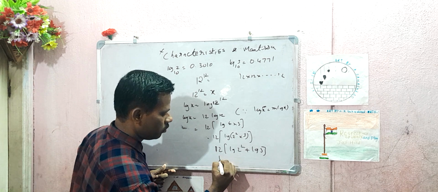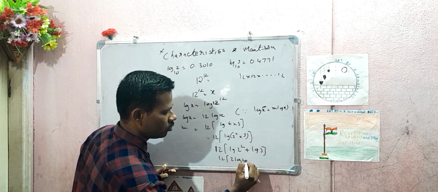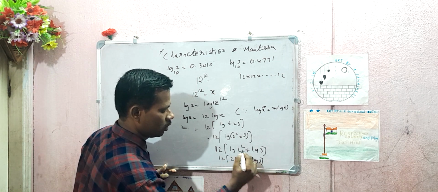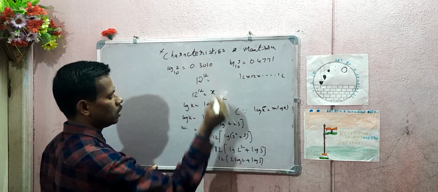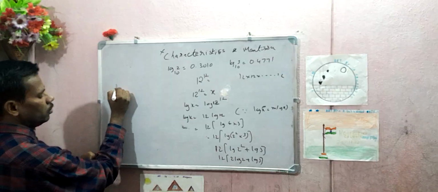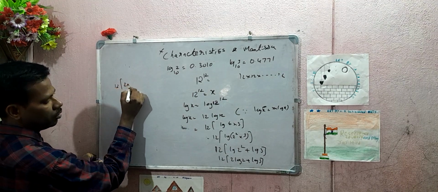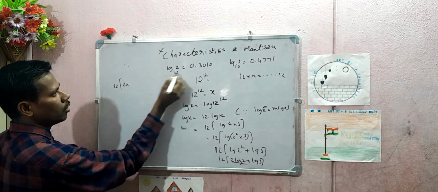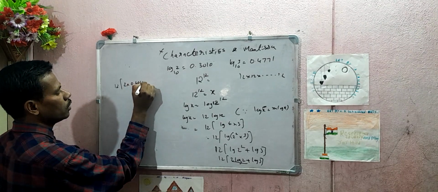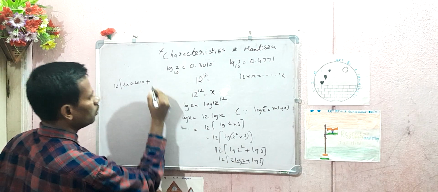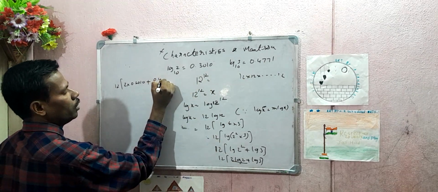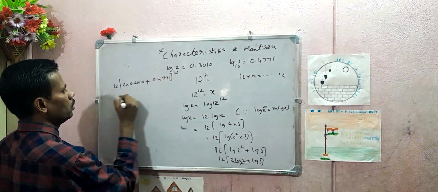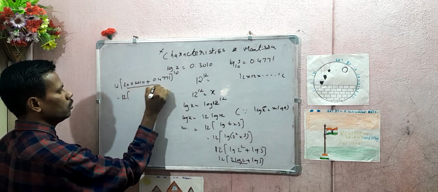This log 2 square into 3 can be written as 2 log 2 plus log 3. Next, the log 2 value is given. Replace it: 12 into 2 into 0.3010 plus log 3 value 0.4771. 12 into this, you simplify.